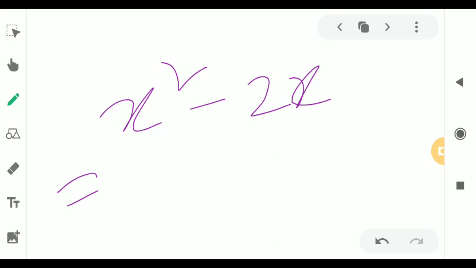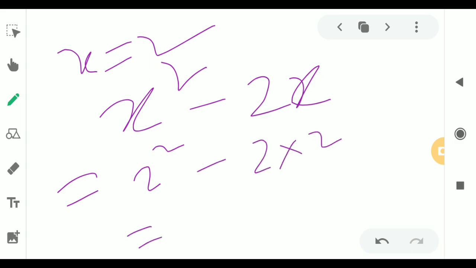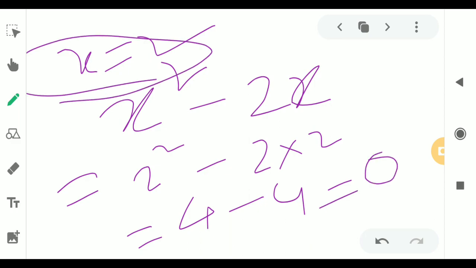X equals to 2. So 2 square minus 2 into 2. So 2 square means 4. 2 into 2 means 4. See here the answer is 0. So we can say that x equals to 2 is the 0 of the polynomial. If we take x value is 2, then the answer is 0. So this is called 0 of a polynomial.